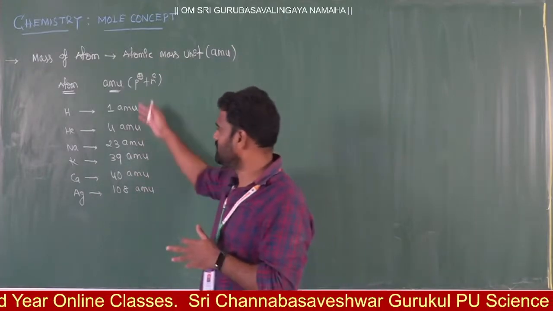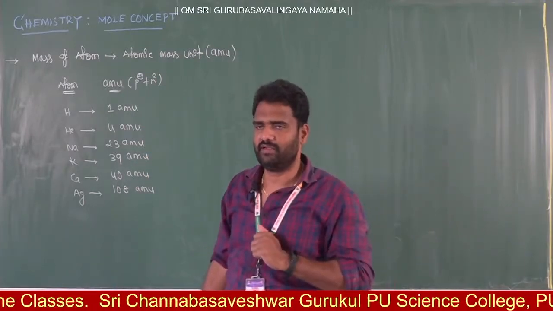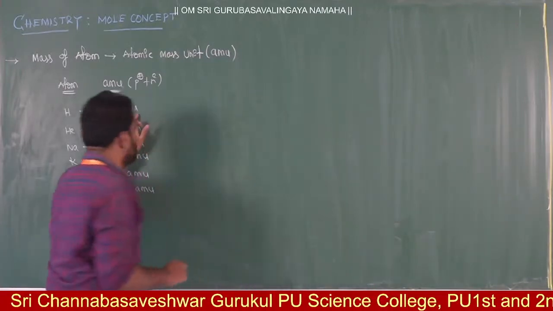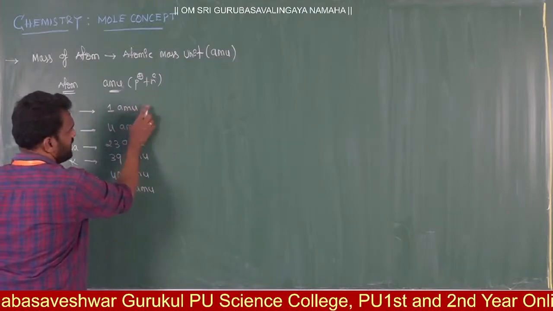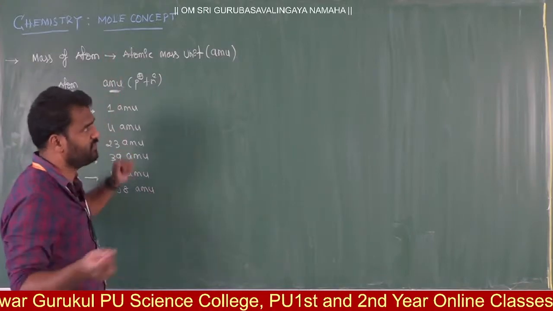Now if you convert this AMU into grams or kgs, then you can easily weigh it. If I convert, 1 AMU will be equal to 1 gram divided by Avogadro number. First let me give one point here.